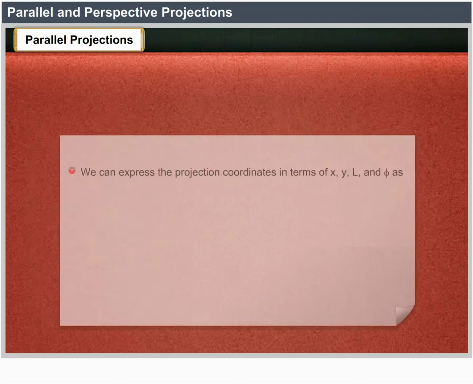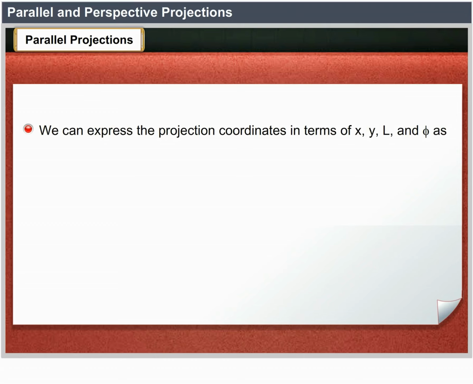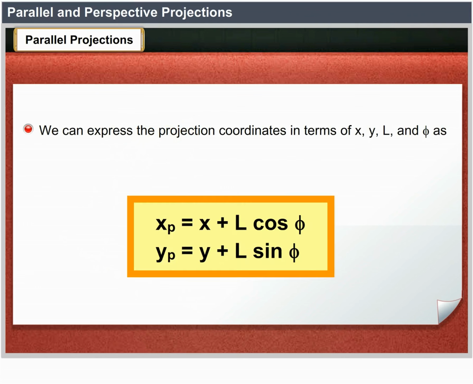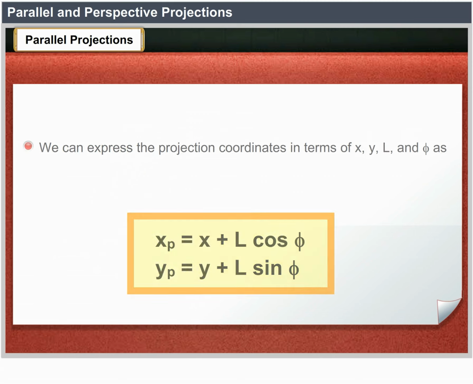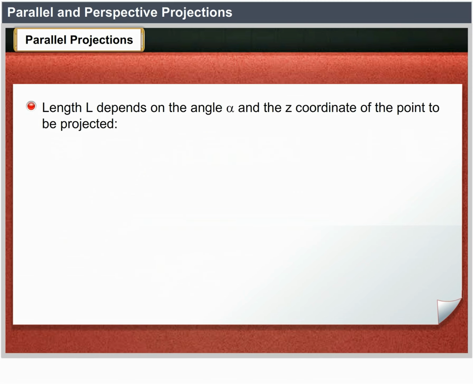We can express the projection coordinates in terms of x, y, L and phi as xp equals x plus L cos phi, yp equals y plus L sin phi. Length L depends on the angle alpha and the z coordinate of the point to be projected.